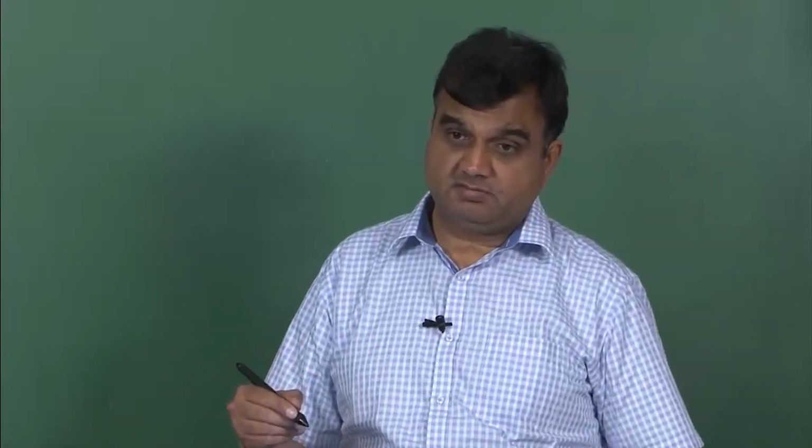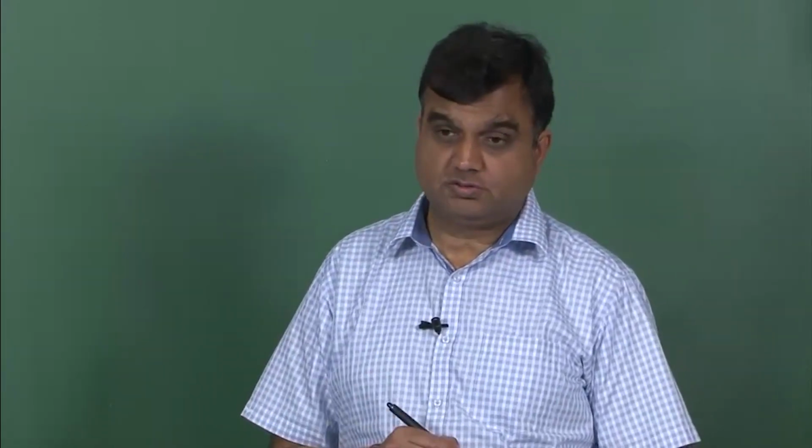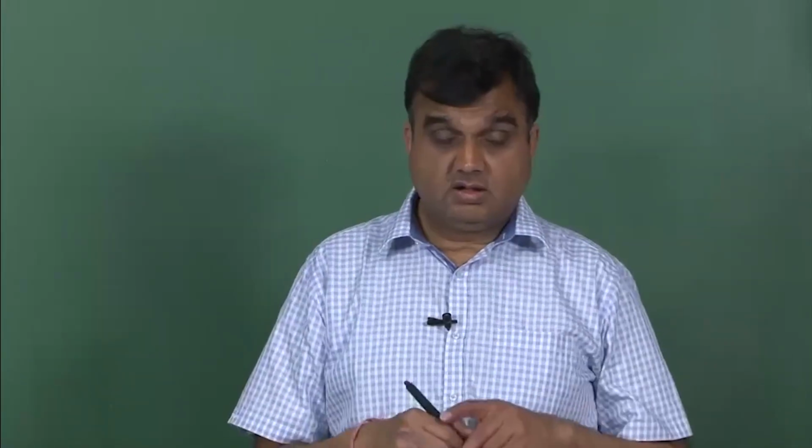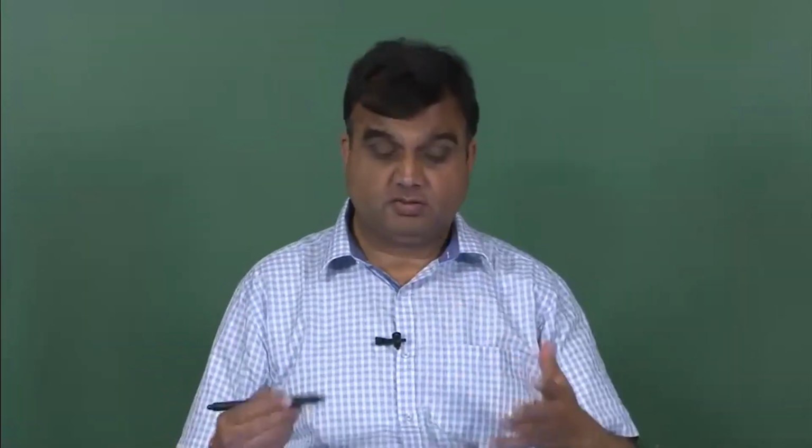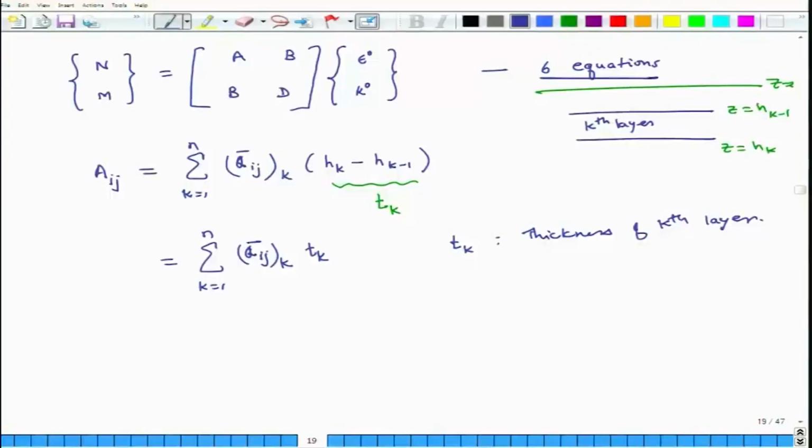Q16 could be negative, in that case A16 and A26 could be negative, but in all cases A11, A12, A22 and A66 will always be positive, because Tk always remains positive, and Q11, Q22, Q12 and Q66 are always positive. So, respective elements in the A matrix are always positive. This is one thing.